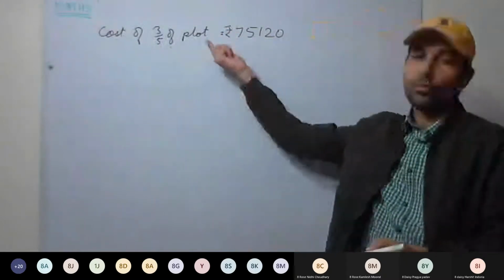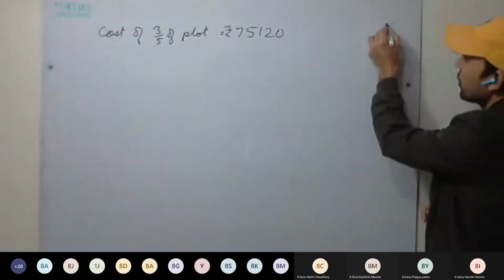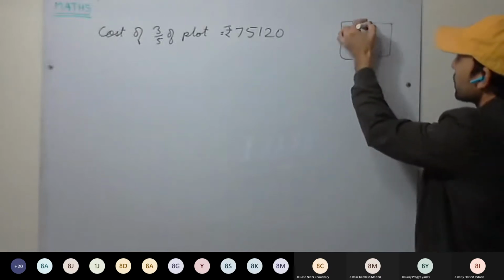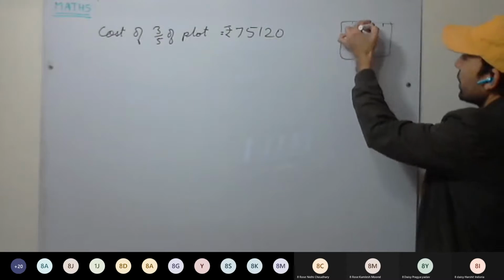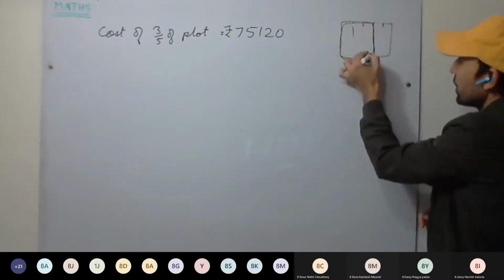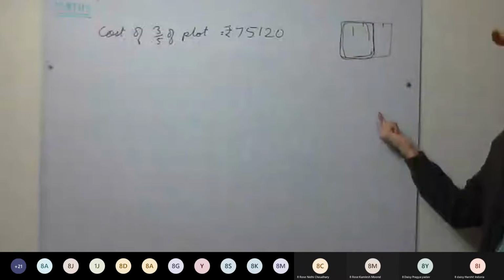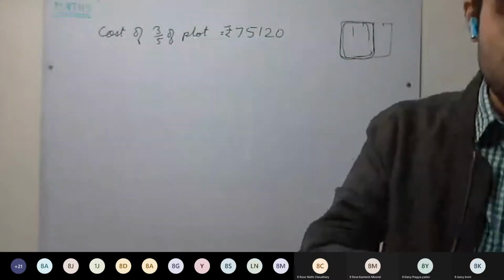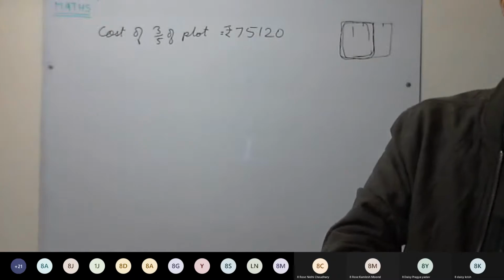This is the cost of 3/5 of the plot. So if you're having the whole plot, it is the cost of this much plot. And we have to calculate the cost of 7/20 of the plot.